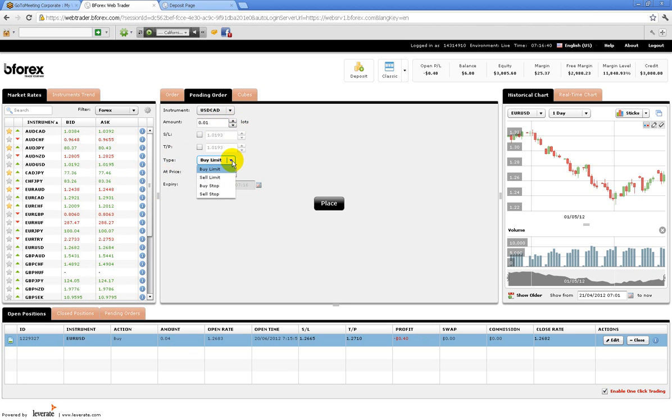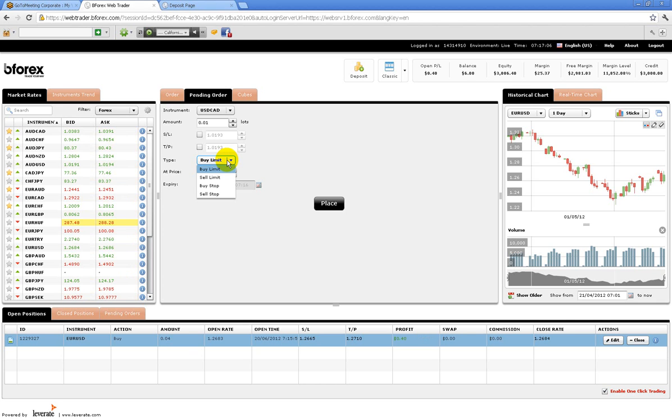We have the type, which is buy limit, sell limit, buy stop, and sell stop. What exactly are these four types? Whenever we buy limit, we're opening a position on buy at a rate that is lower than the rate the market is giving me to buy.